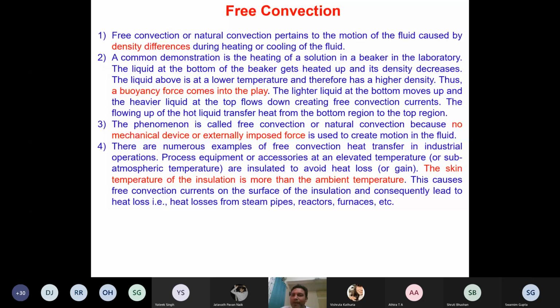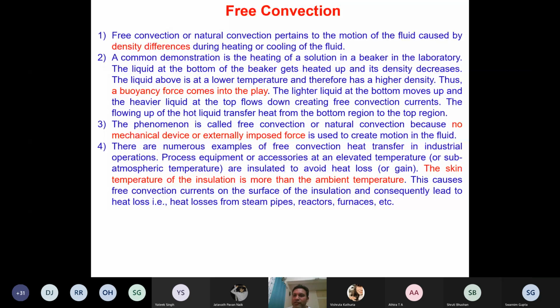Eventually, since the density of the fluid elements at the bottom is low, these fluid particles are going to move up because of the density difference, and this is going to cause a motion of the fluid elements in the beaker. So this is going to cause the convection currents.